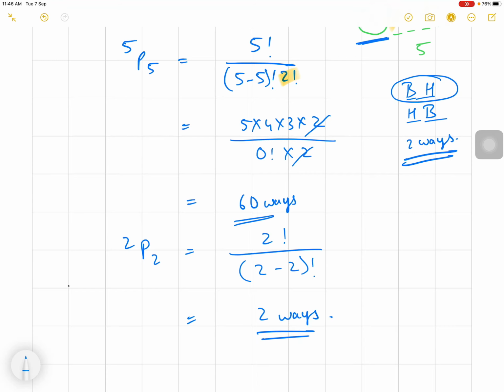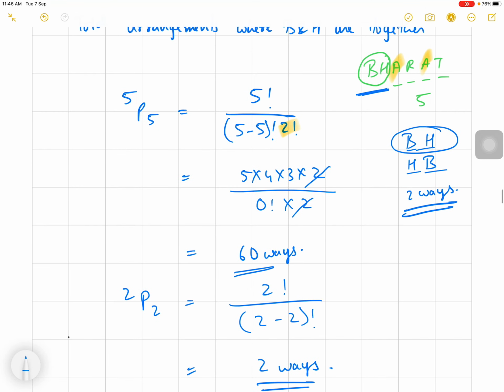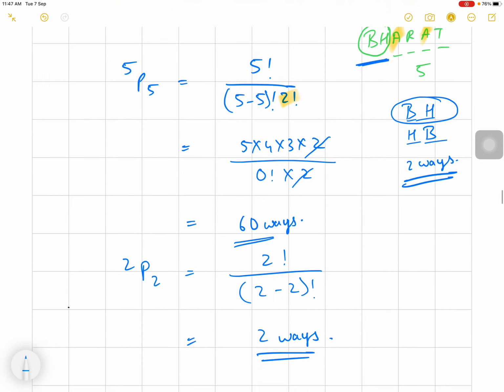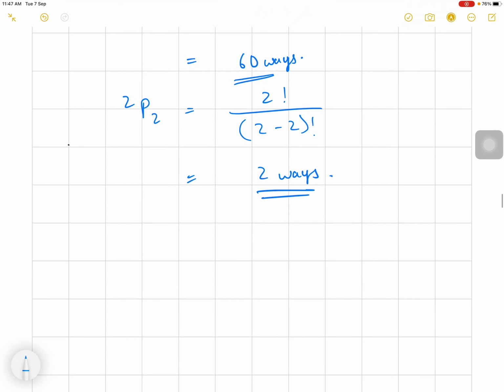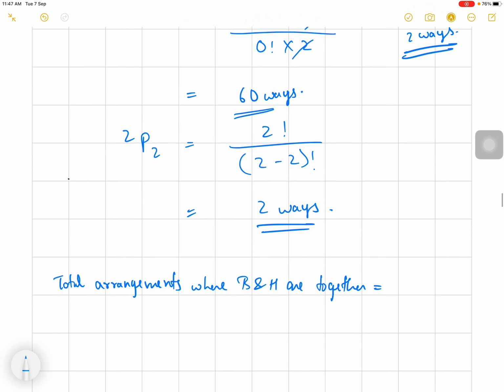This is 60 ways. So Bharat, where B and H are together, can be written in 60 into 2 ways. So total permutation where B and H are together will be 60 into 2, which is 120 ways.